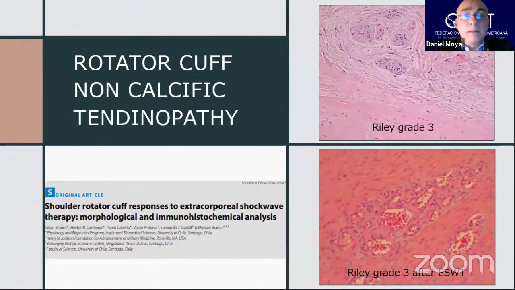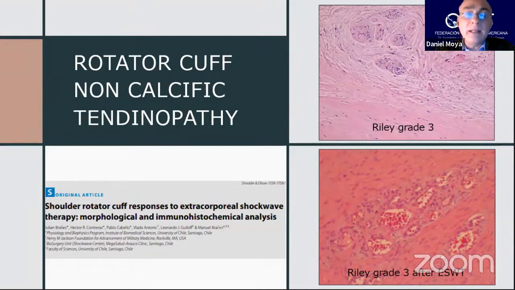This is a paper that was published by Leonardo Gilov, Manuel Brañez, and their group in the British Journal of Shoulder and Elbow, and they found that those patients that were treated with focus waves before a repair of the rotator cuff developed phenomena of angiogenesis, neoangiogenesis, and lymphangiogenesis. So if the tissue had a moderate degeneration, the tissue reacts. When the degeneration was severe, there was no reaction.